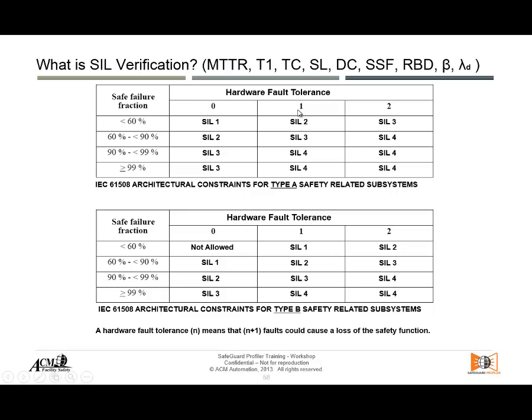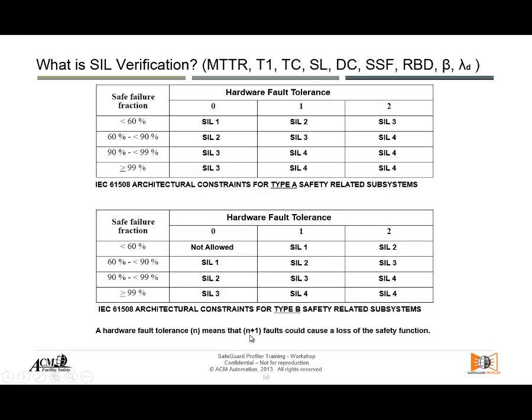So what do those 1, 0, 1, 2 mean? A hardware fault tolerance of N means that N plus 1 faults could cause a loss of the safety function. There's a difference between a failure and a fault. A fault doesn't mean the loss of the safety instrumented function; it's just a fault inside there, but it can still perform the function.